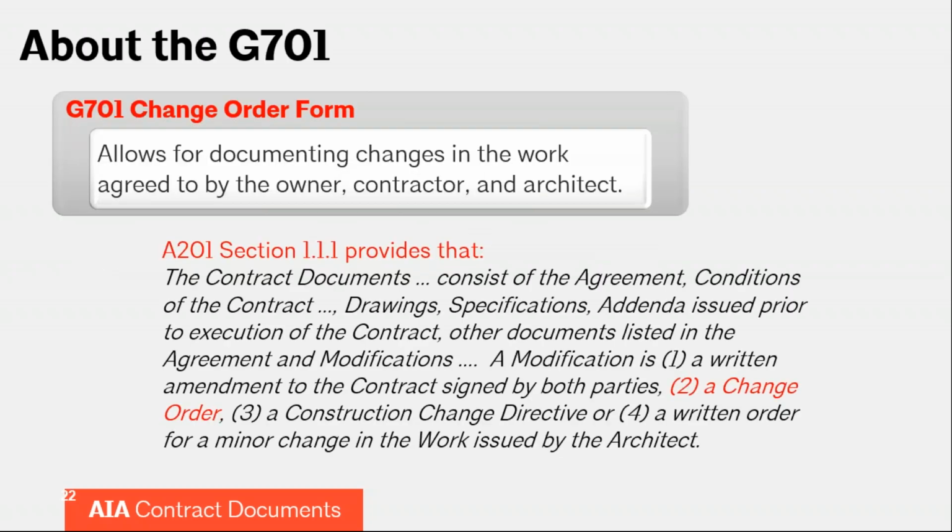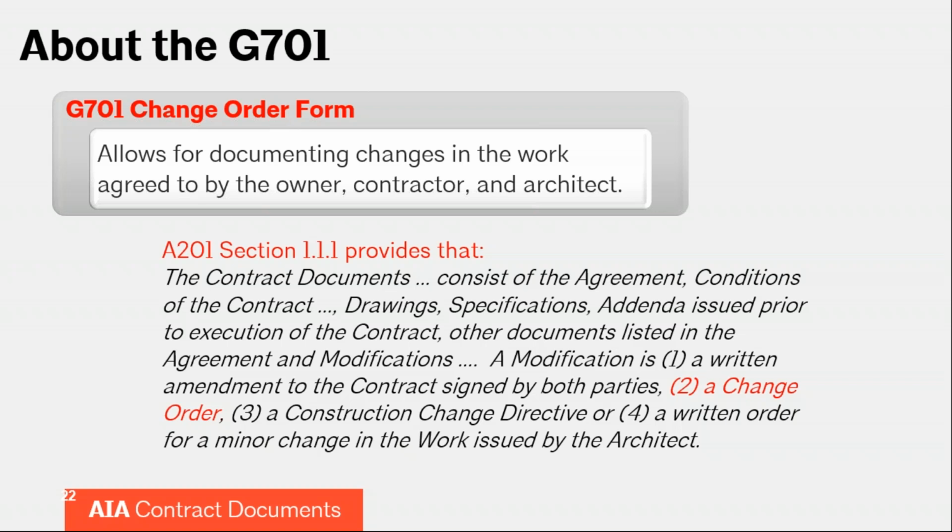So again, taking a look at the A201 and probably starting with why change orders are important. Well, obviously they're one of the few ways that you can modify the contract documents. So once the contract documents are established in the owner contractor agreement, and they're defined in the A201, the only way you can modify the contract documents is through a modification.